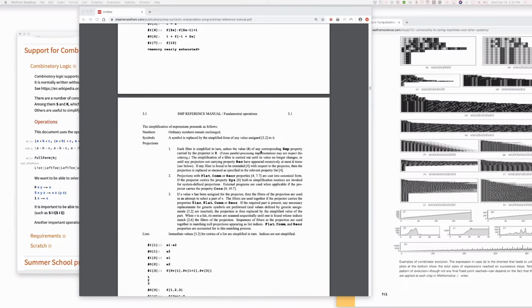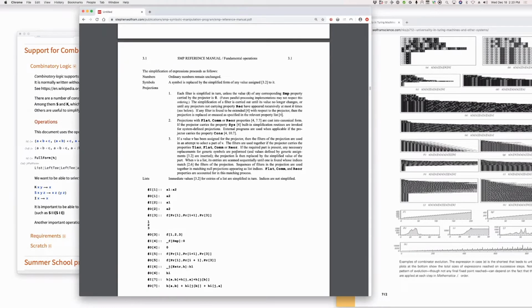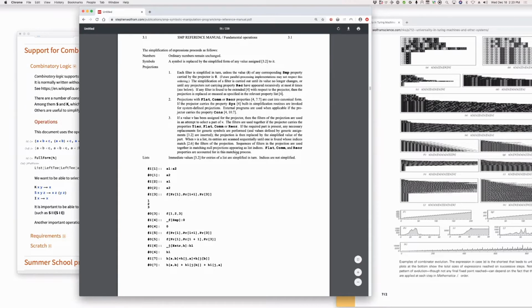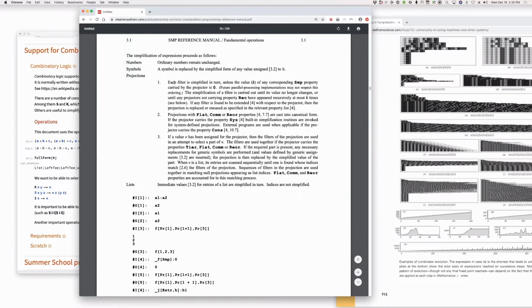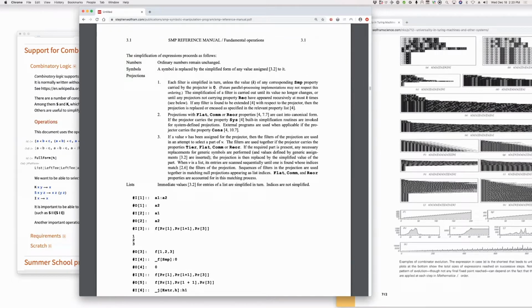Okay, here we go. This is the whole story. Each filter argument is simplified in turn unless the value k of any corresponding simp property carried by the projector, otherwise the head, is 0. This used 0 for Boolean false. Future parallel, my gosh.